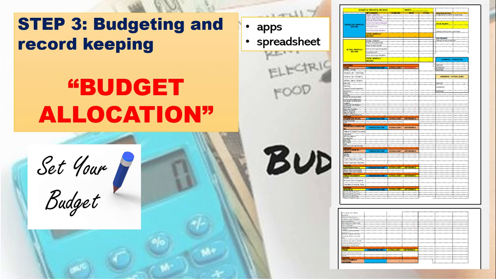Because tracking your expenses allow you to monitor your spending. Nakikita natin kung saan ba tayo mas malaki yung nagagastos. For example, napansin mo na sa clothing pala, ang laki pala ng nagagastos mo. Or sa makeup pala, ang laki pala ng nagagastos natin for a month. So ngayon, dahil nakita mo na ganun pala kalaki, next month, magbabudget ka na, limit ka muna or hindi ka muna bibili ng makeup.